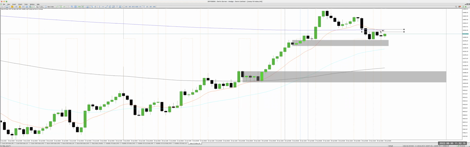Okay, so from here, we just want to see what happens. Is price respecting this in order to continue delivering to the bottom side, or will they respect, because this is also an order block here, remember, and continue delivering to the upside?